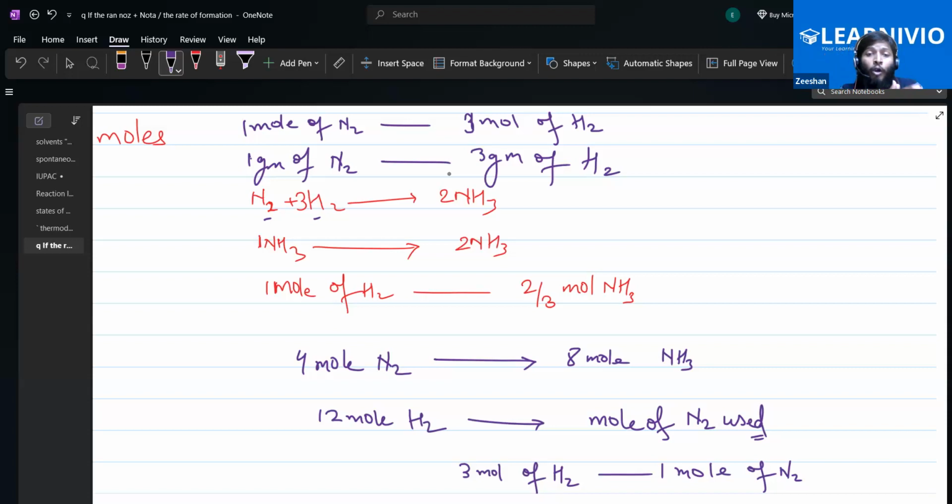We will always talk in terms of moles, because a mole denotes Avogadro's number of those atoms or molecules. The weight of that substance is not significant here. So the second statement is incorrect.